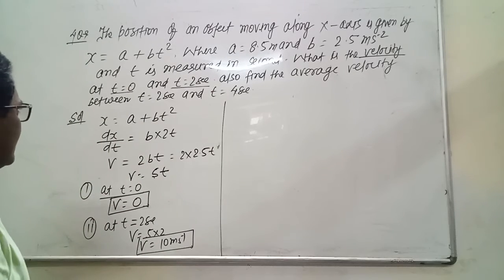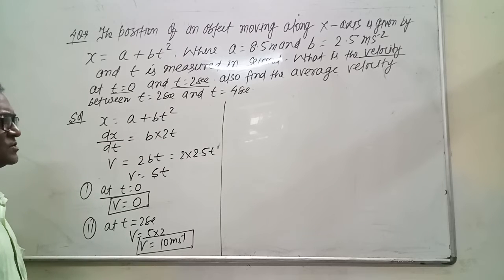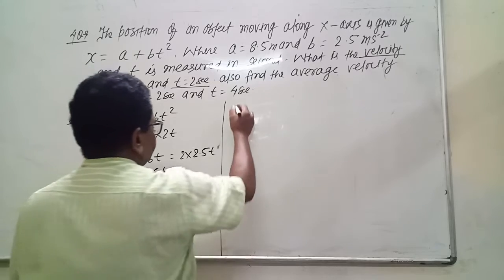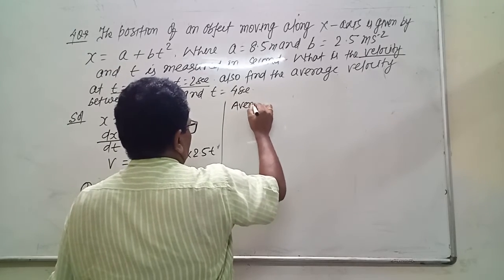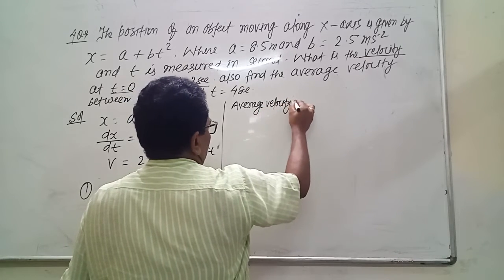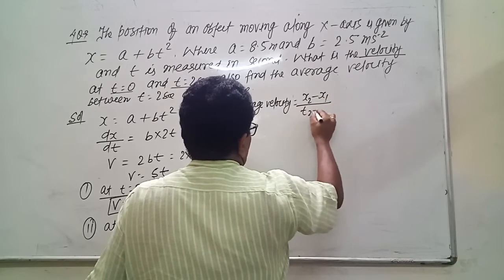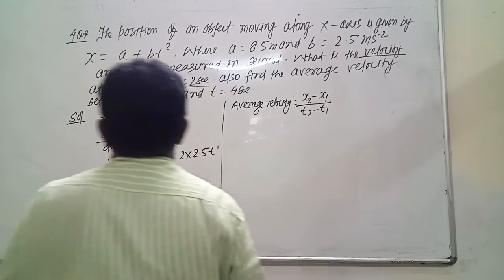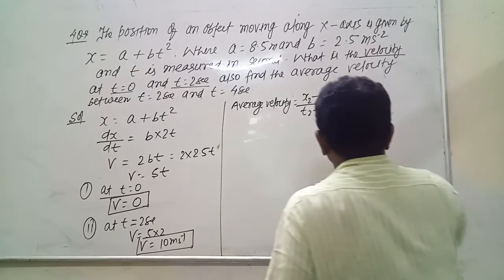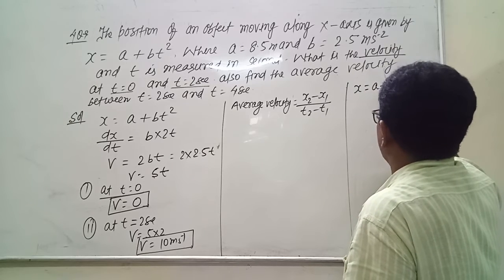Now we have to find the average velocity between t equals 2 and t equals 4 seconds. The formula for average velocity is x2 minus x1 by t2 minus t1. And the value of x is already given: x is a plus bt square.